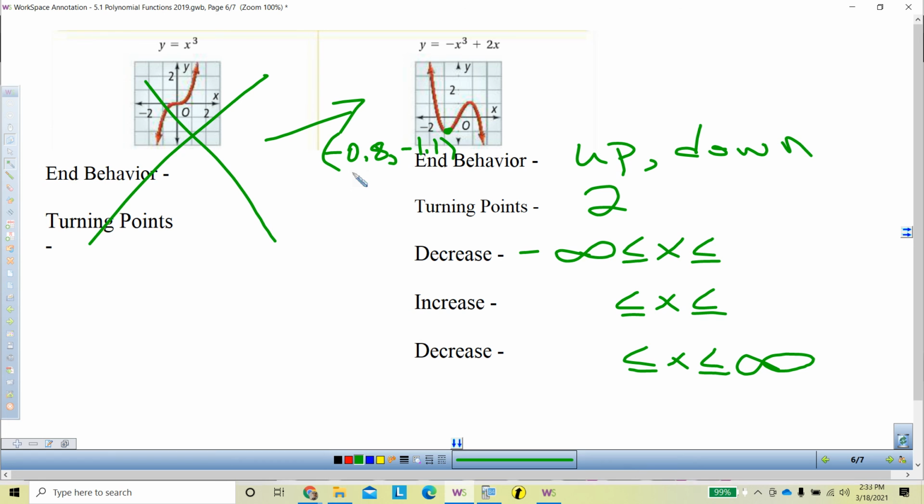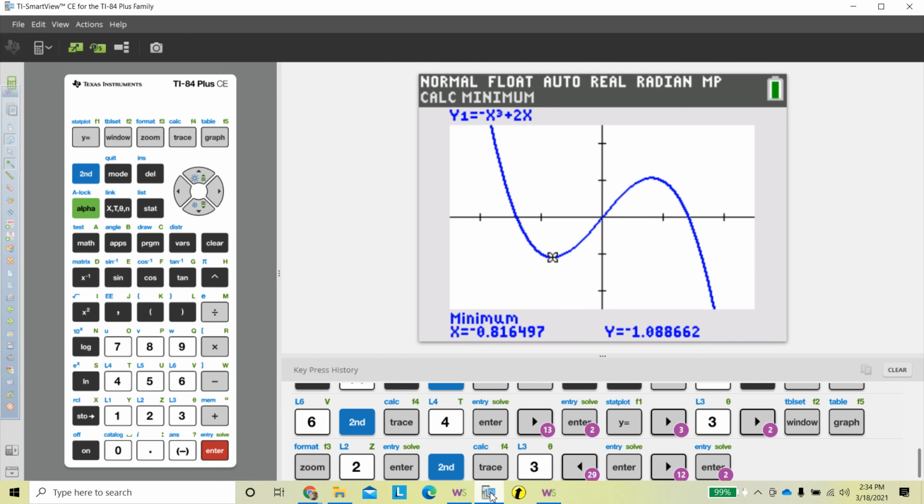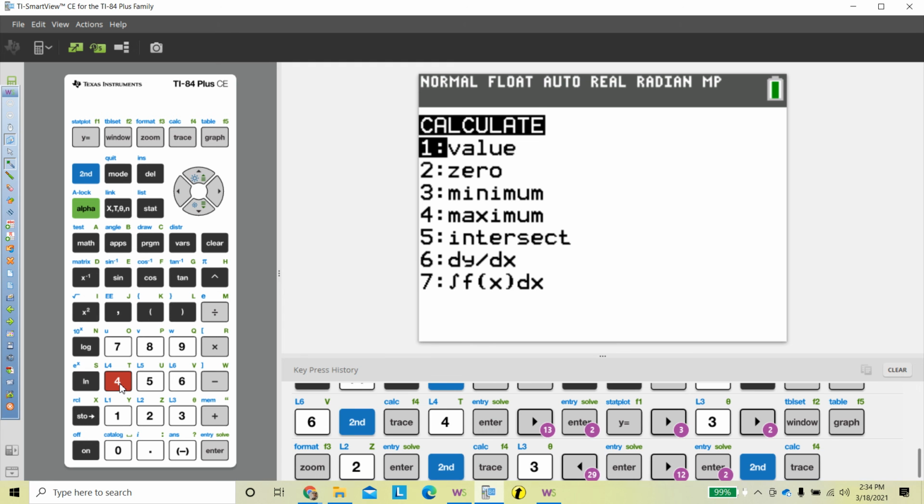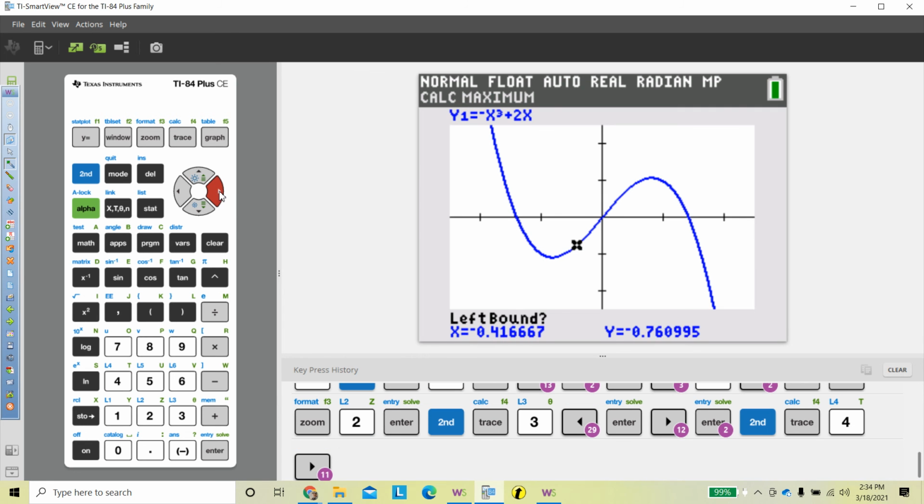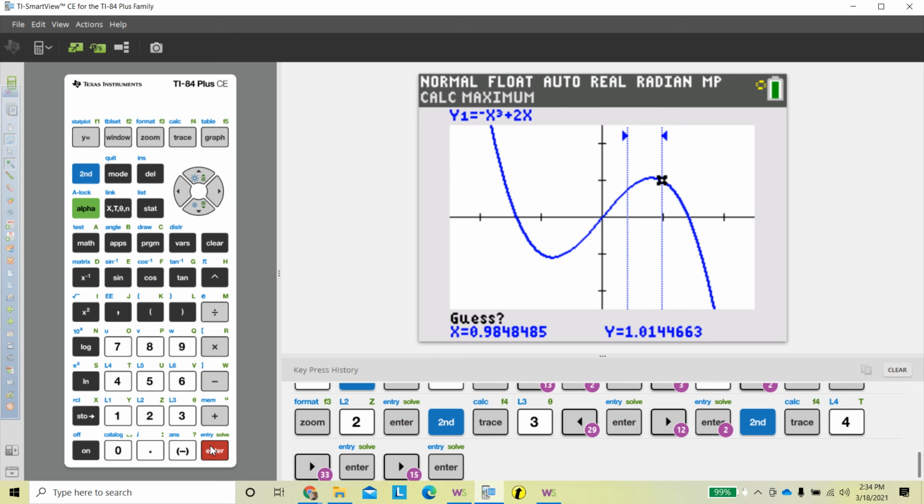So sometimes this will happen. The maximum is just a positive version, same numbers. We could go into great depth explaining why that happens, but we're not going to go there in a regular class. So we're going second trace, number 4. Right, so positive 0.8, positive 1.1 for that one.